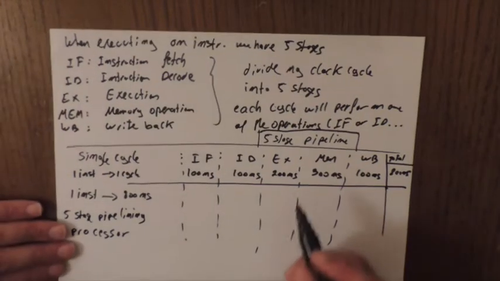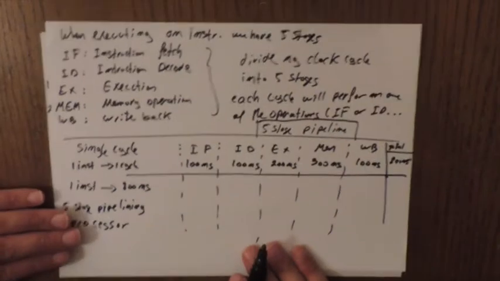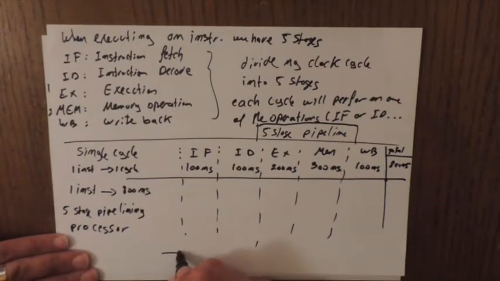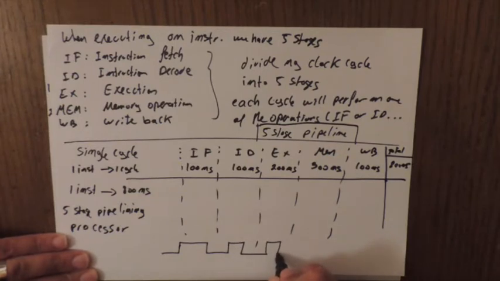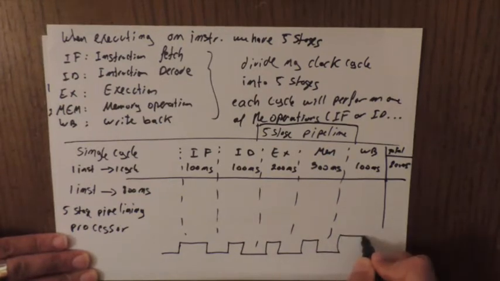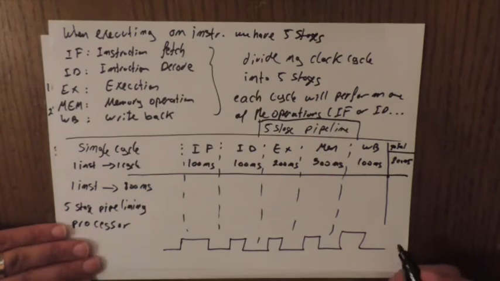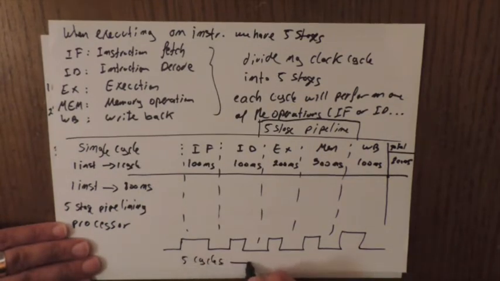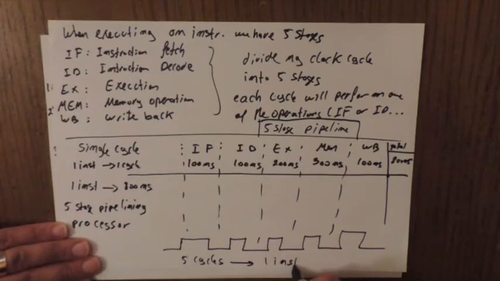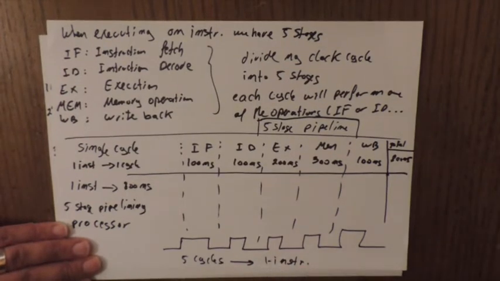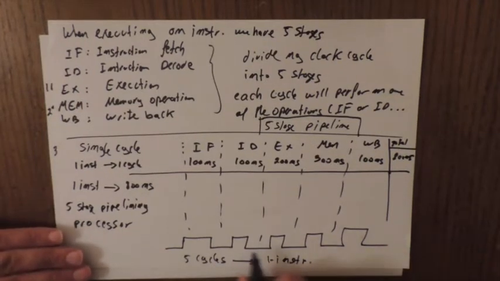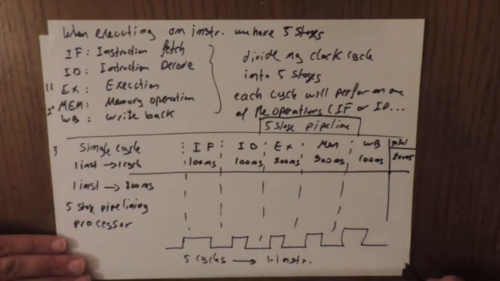Remember, in a 5-stage pipeline, I have 5 clock cycles to execute a single instruction. So 5 cycles executes 1 instruction.